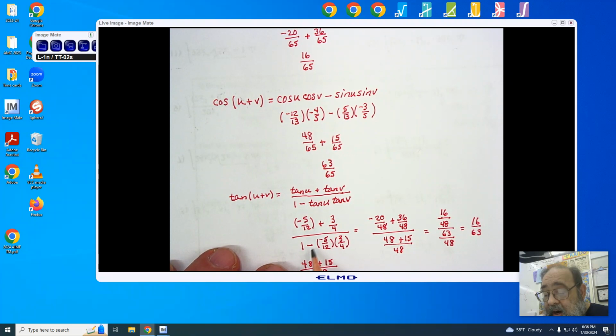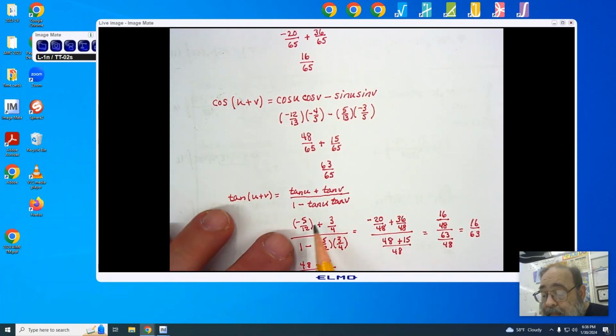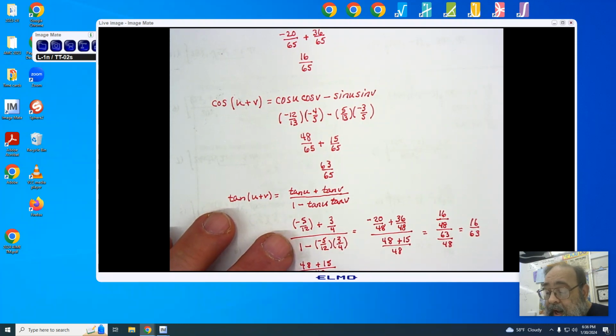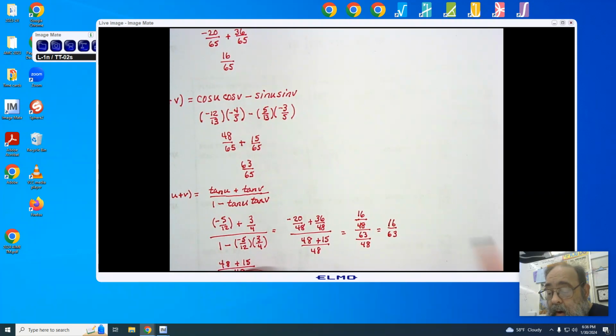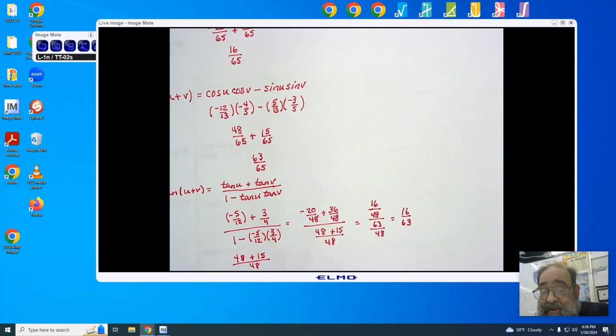Now notice this is going to give me a 48 plus 15 all over 48. That's 63/48. And up top, we're going to have, in terms of 48, negative 20 plus 36 over 48. We simplify it. The 48s cancel, and we're left with 16/63. It's the same answer.